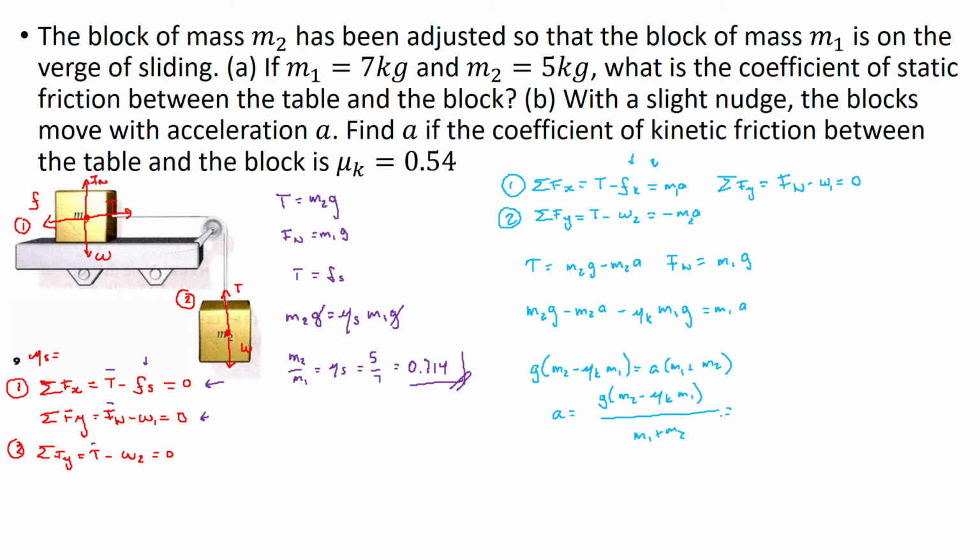And we substitute values. We know that gravity is 9.81, mass 2 is 5 minus 0.54 times mass 1 at 7, all over 5 plus 7, and this is going to be equal to 0.997 meters per second squared. And there you go.